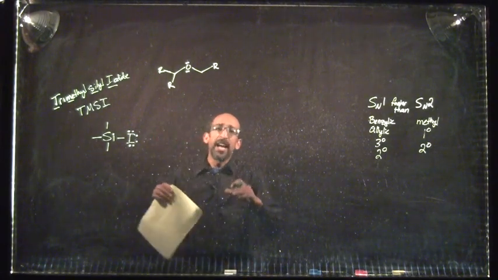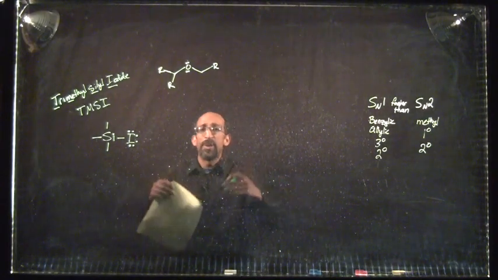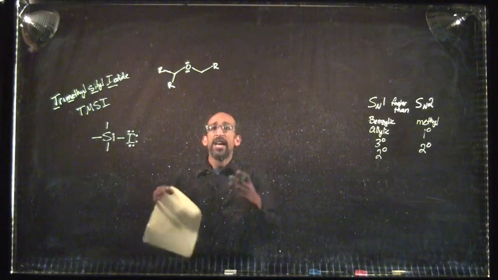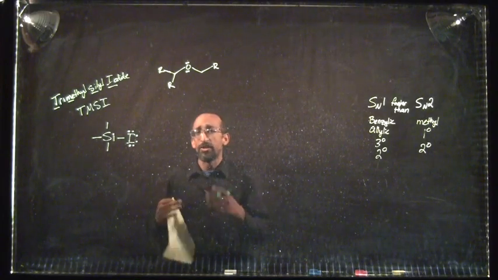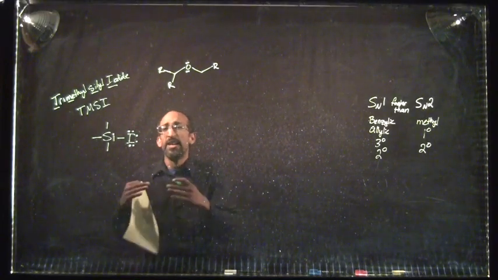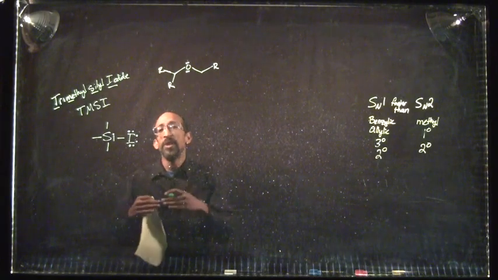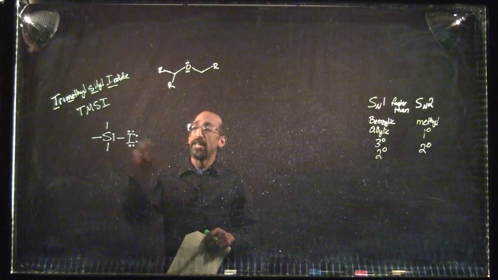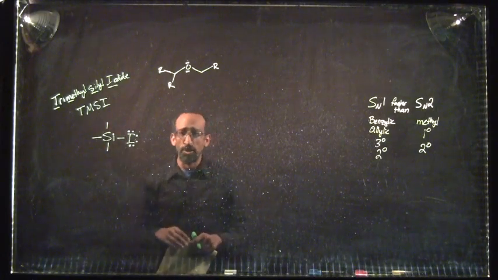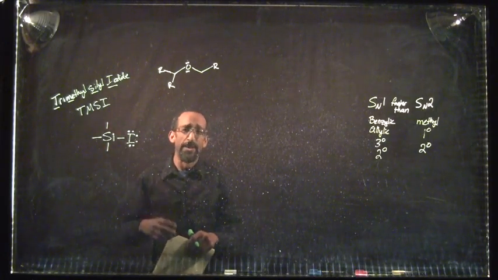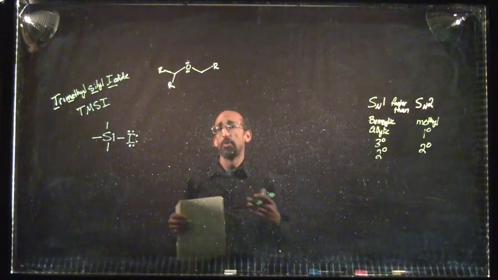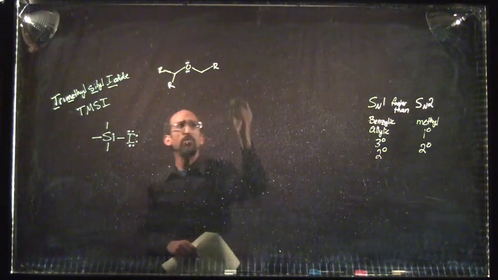And so it has more room around it to spread out the 5 groups in the SN2 transition state, and the potential energy barrier to get to that transition state is sufficiently low enough that we can do SN2 reactions on a silicon atom, even though it is fully substituted, where we can't do that on a carbon atom. There's just not enough room, carbon's just not big enough to be able to accommodate the transition state.